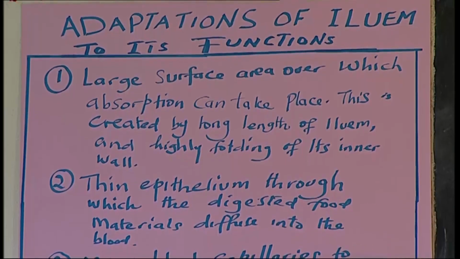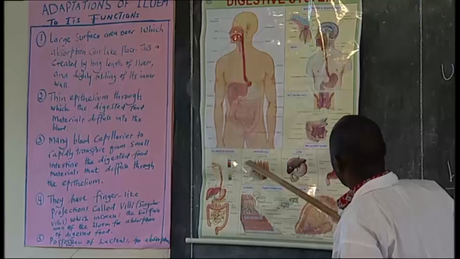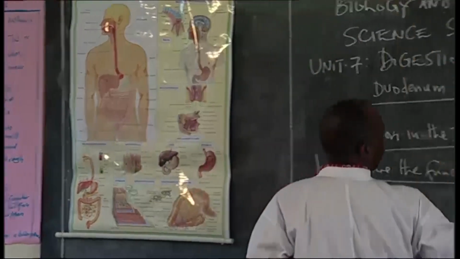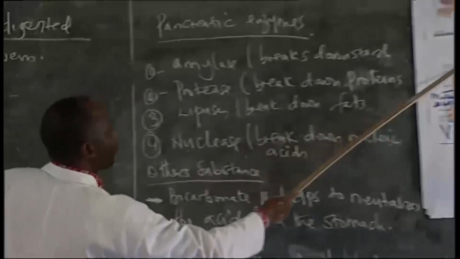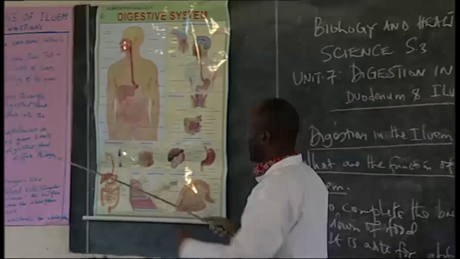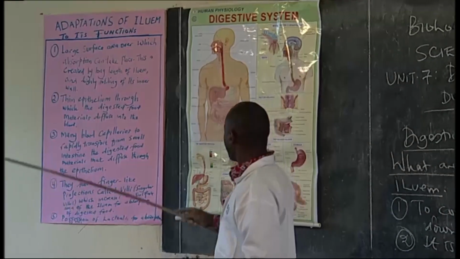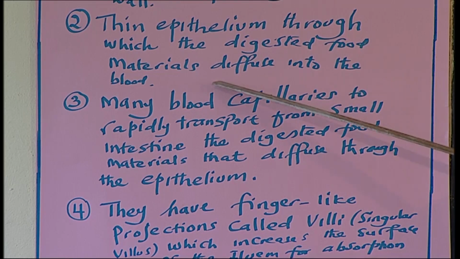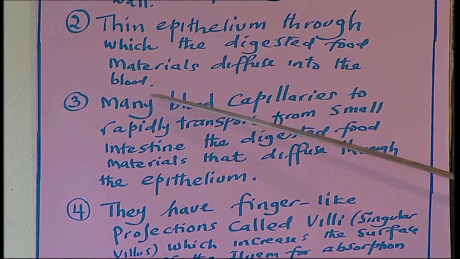Number two, we have thin epithelium. On the diagram here, we have epithelial cells. The thinner the membrane, the faster the rate of diffusion. Through the thin epithelium, digested food materials diffuse into the blood.